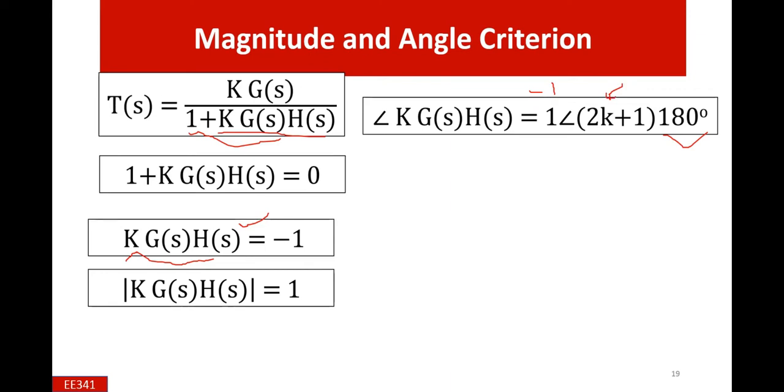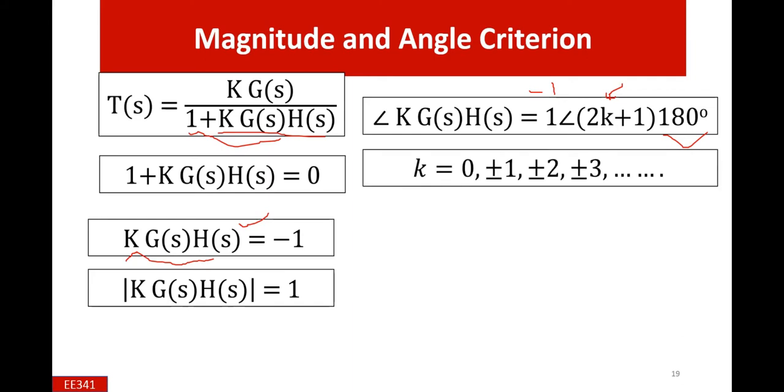So this is an odd multiple of 180 degrees. So if we find the total angle of the open loop transfer function, it is always an odd multiple of 180 degrees. So it is the second major conclusion, a property related to the closed loop transfer function and the open loop transfer function.